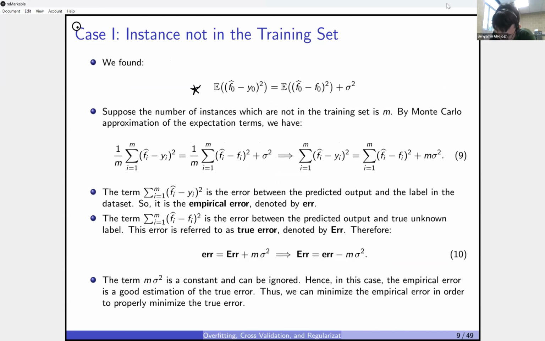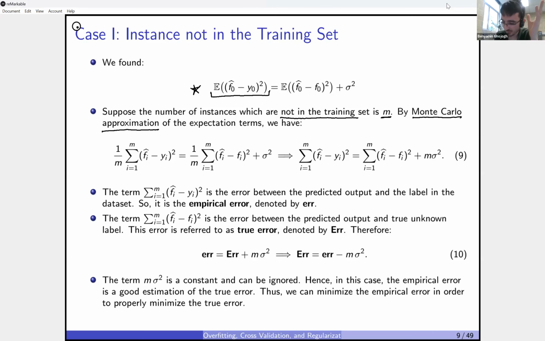Now, suppose the number of instances which were not in the training set is m. Do you remember I said we have m test data points or m validation data points, it doesn't matter. Then we can approximate this expectation by Monte Carlo approximation.